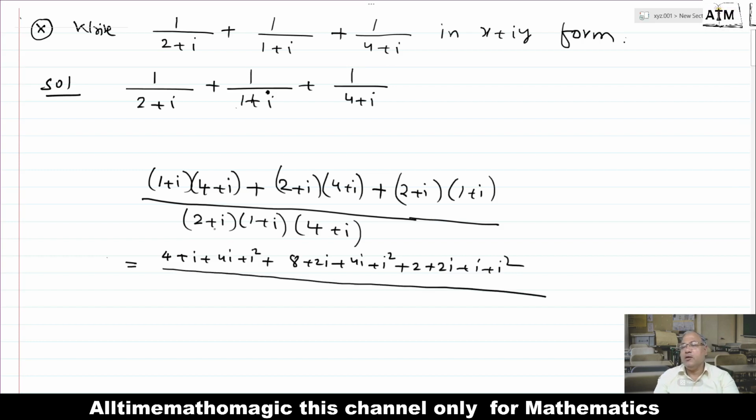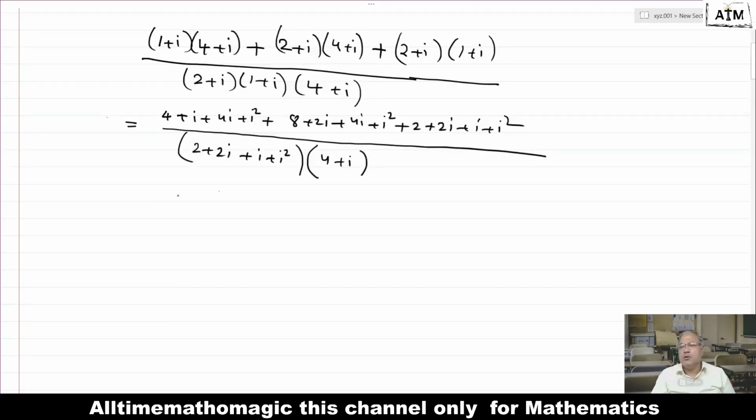In the denominator, we first multiply the two brackets and keep the third bracket as it is. So 2 plus 2i plus i square. I multiplied the first two brackets, keeping the third bracket as it is. Now, wherever i square is there, we shall be writing minus 1 there. That means i square shall be replaced by minus 1.